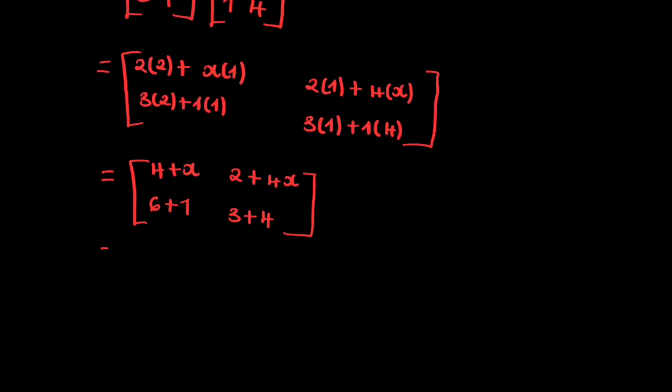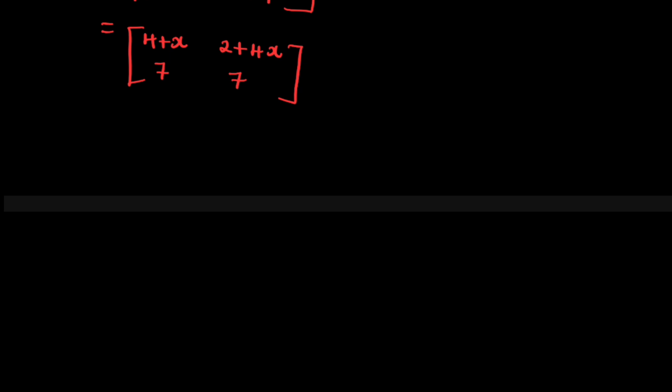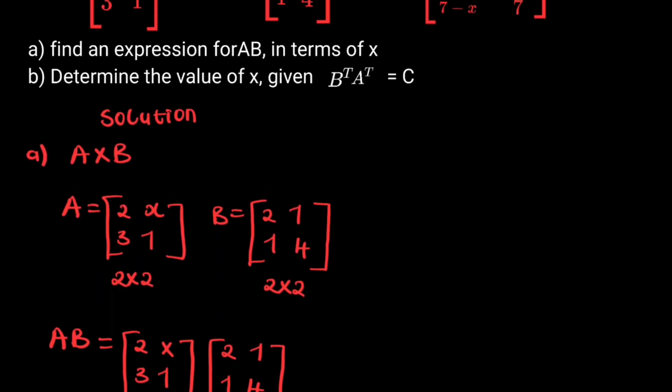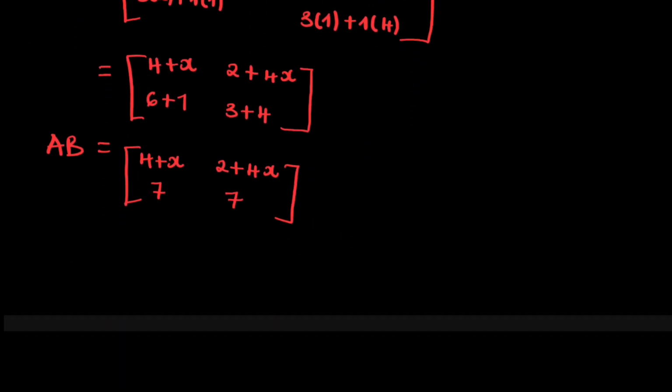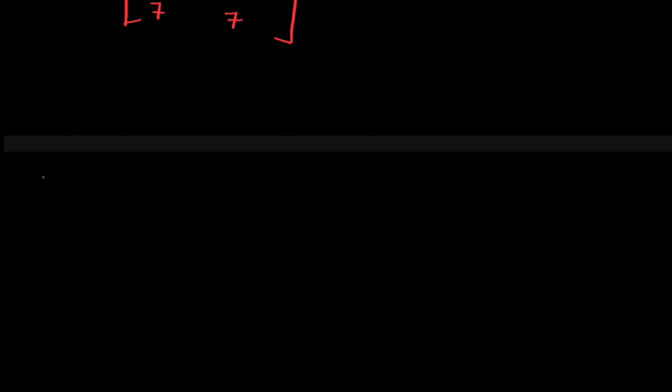Let's further simplify this: 4 plus x, 2 plus 4x, 6 plus 1 is 7, 3 plus 4 is 7. So this is our product AB. So we have found an expression for AB in terms of x. That is all for the A part. Now we'll go to the B part.